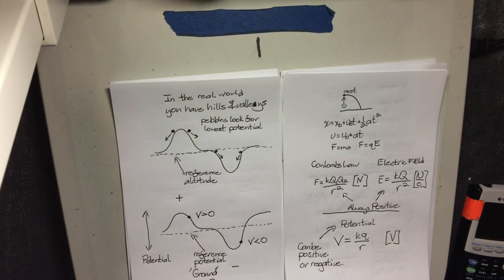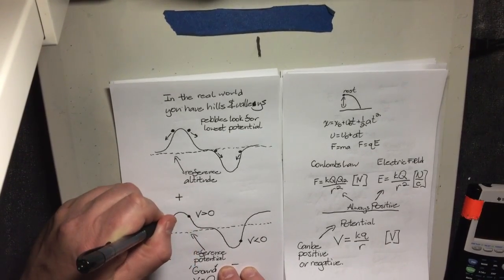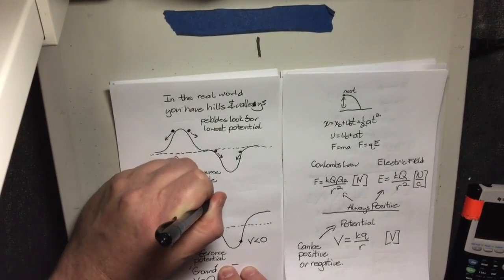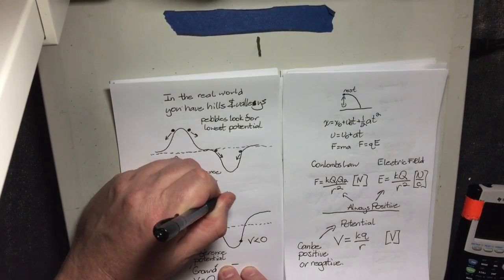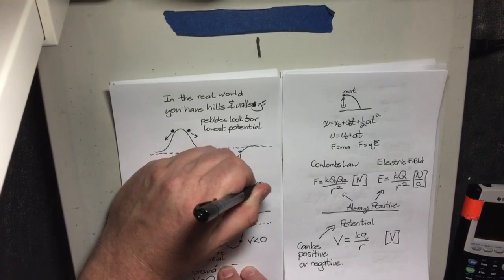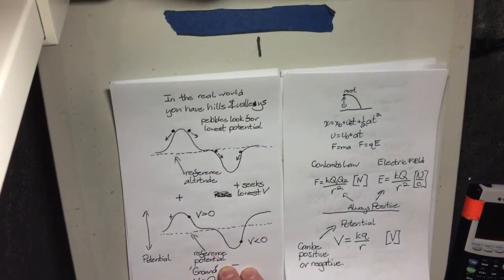Now, if we had a positive charge, positive seeks lowest potential.